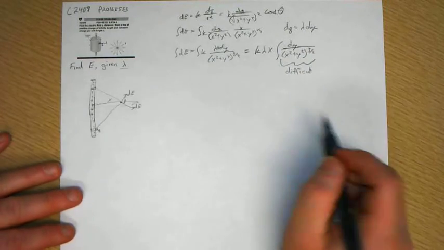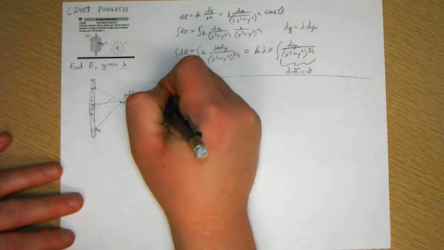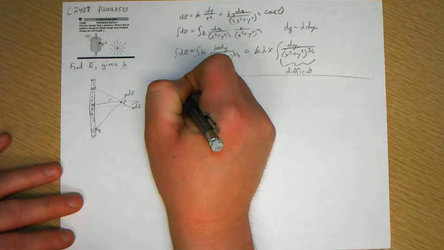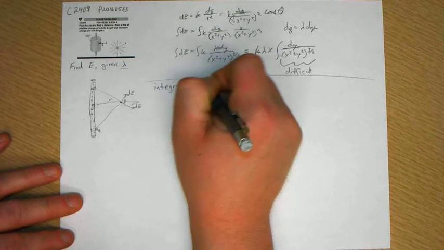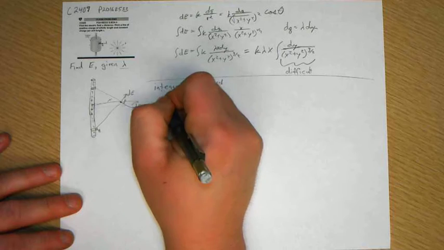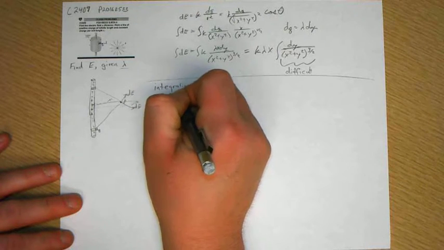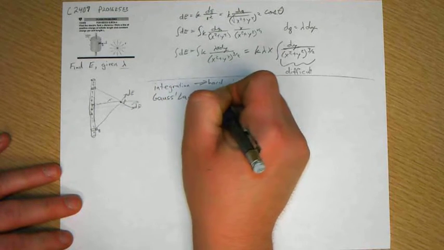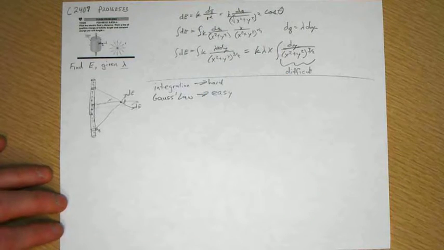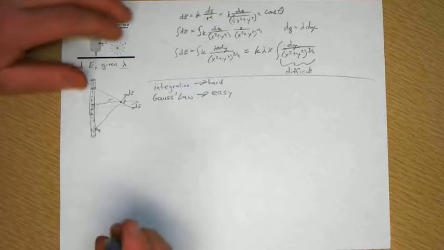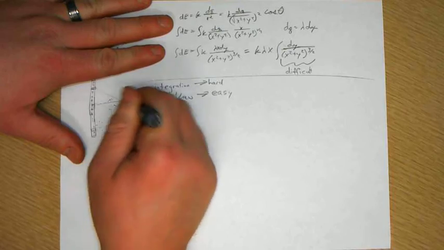So how are we going to make things easier? By using Gauss's law, of course. Gauss's law is going to let us solve the same problem in a much easier way.